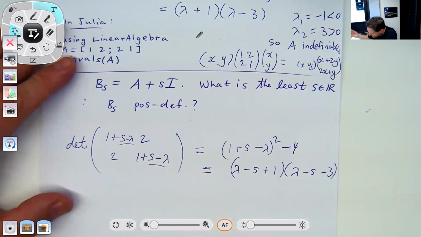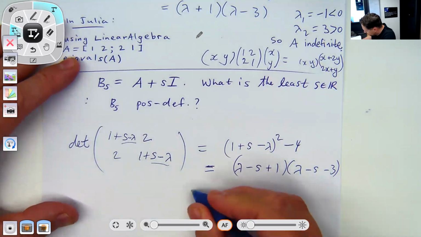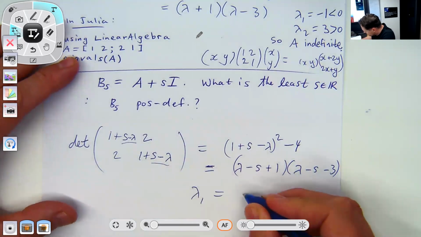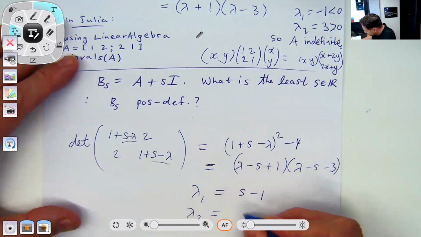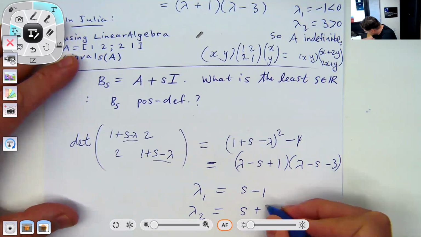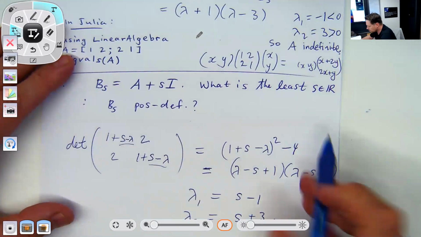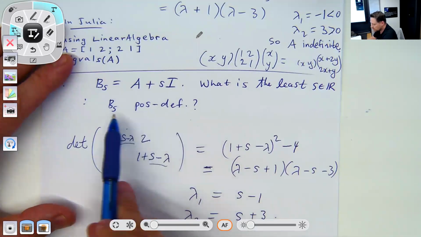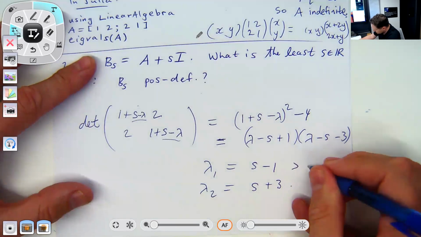So now we see what the eigenvalues are in this case. We've got lambda 1 is equal to s minus 1, and lambda 2 is equal to s plus 3. Our question now is, if this is positive definite, then we need these to be positive.